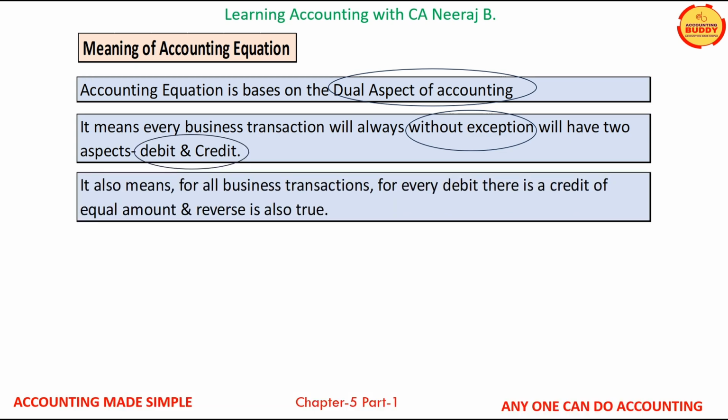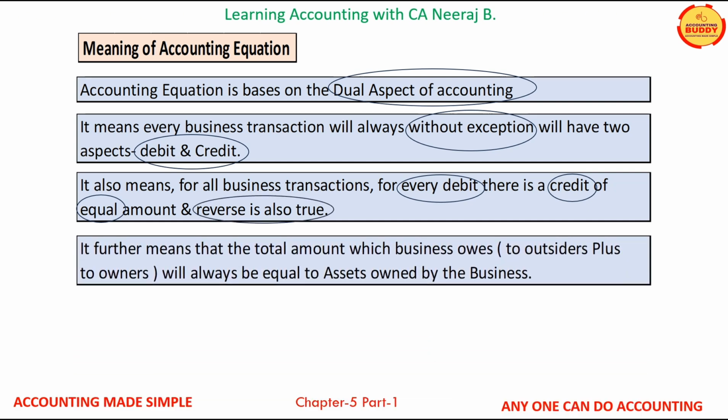It also means that for every debit there is a credit of equal amount, and for every credit there is a debit of equal amount. It also means that the total amount which business owes to the outsiders plus the owners will always be equal to the assets owned by the business.